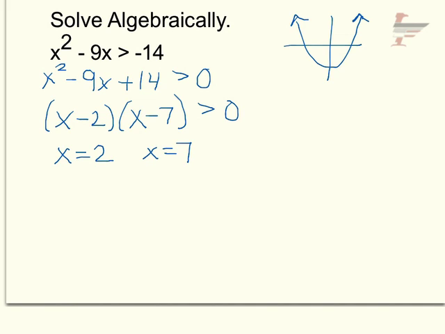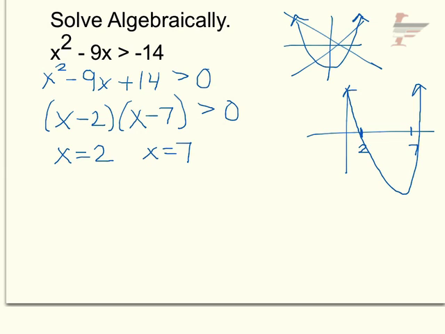Okay, so now let me redraw a graph that's a little more accurate. So here's 2 and here's 7, and I know it's opening up. I totally missed 7, didn't I? Let's just adjust. There's 7. So I know that it's either going to be everything in between 2 and 7 if it were shaded here, or be everything less than 2 and greater than 7 if it were shaded on the outside.